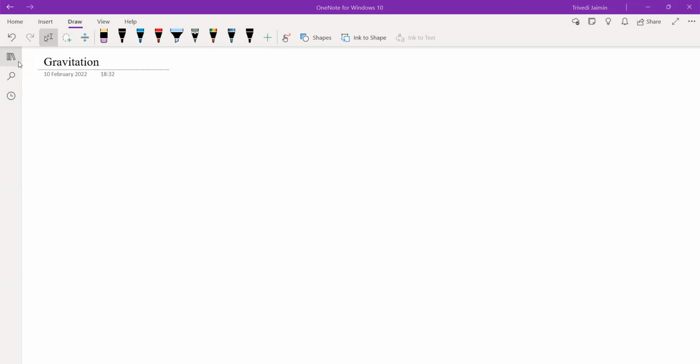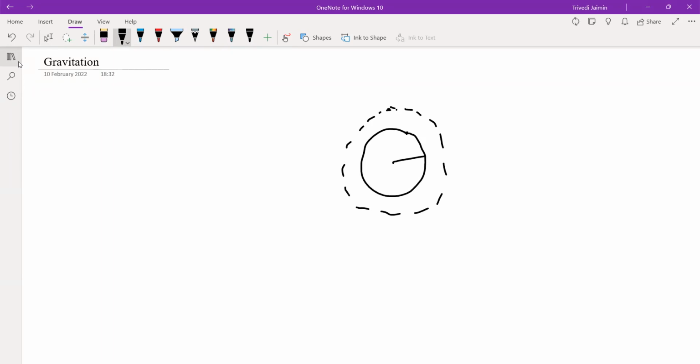So, like our Earth is here, and this is our radius, and this is the atmosphere or orbit. So our moon or satellite, let's start with the satellite. If I take this as a radius, then this is moving around the orbit.